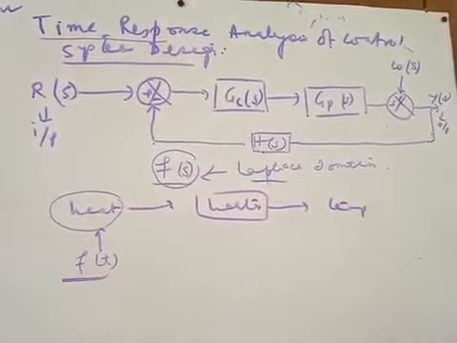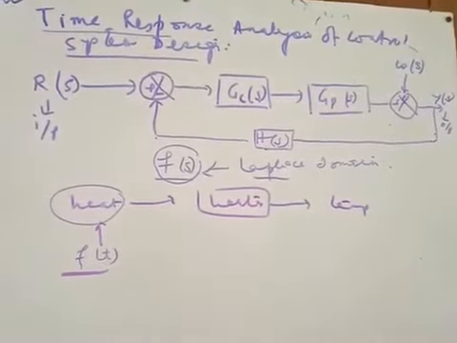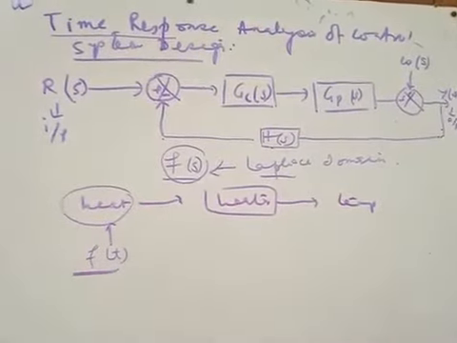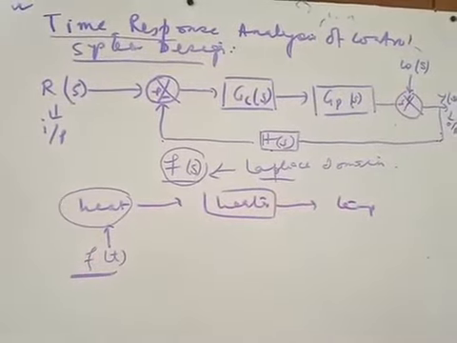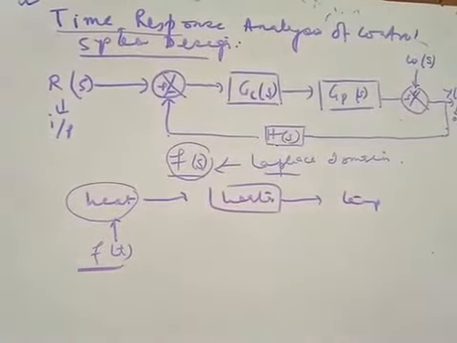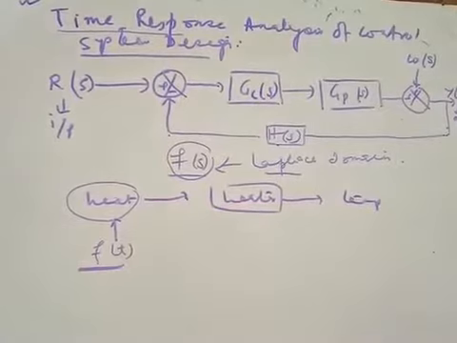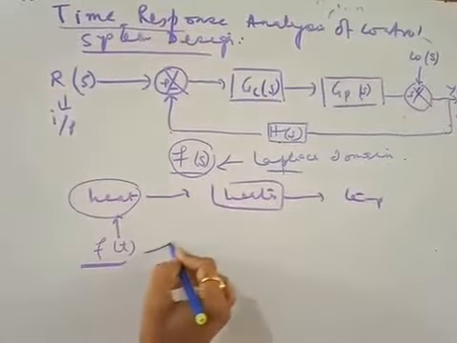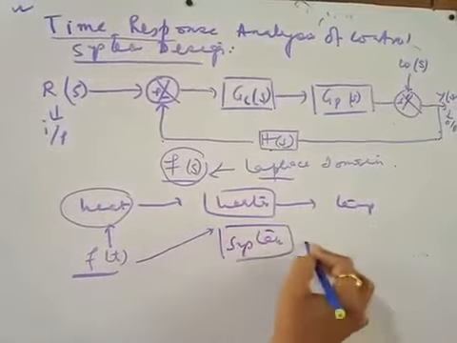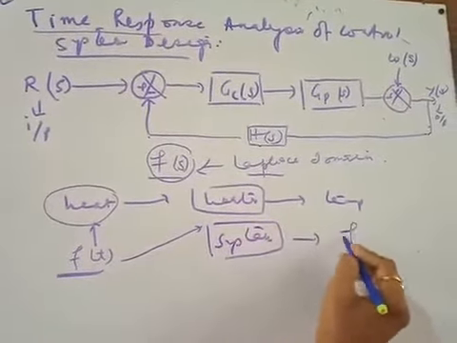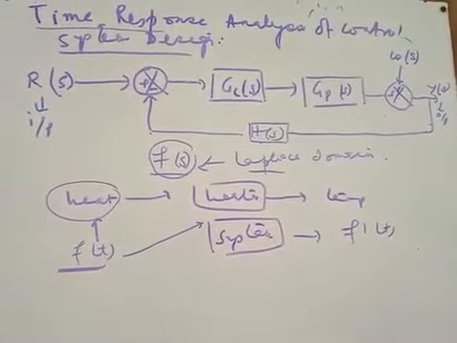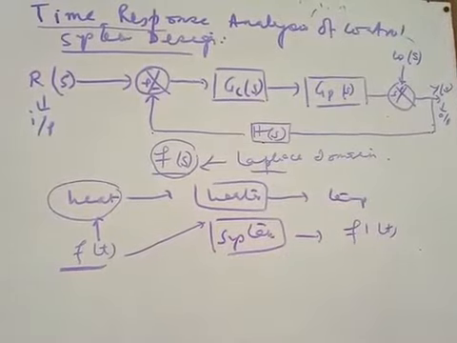In every system, be it a chemical process, a hydraulic process, or a thermal process, whatever different kinds of systems are available in nature, the inputs are always a function of time. Similarly, when this input goes to the system, you will get an output which is again a function of time.